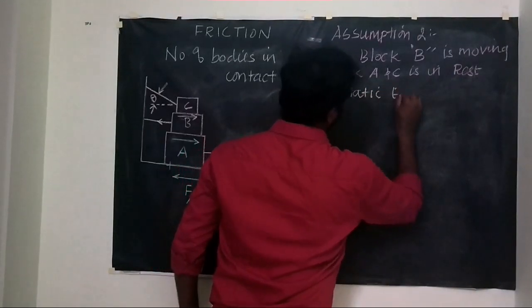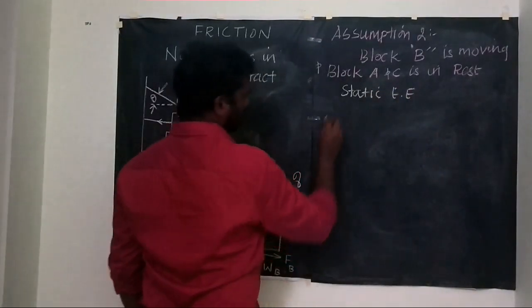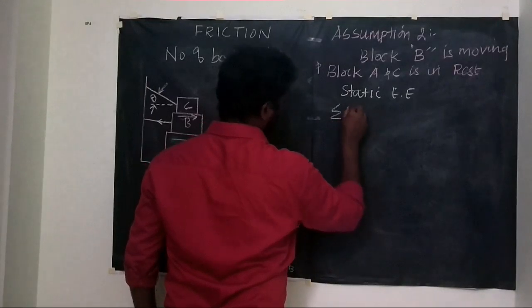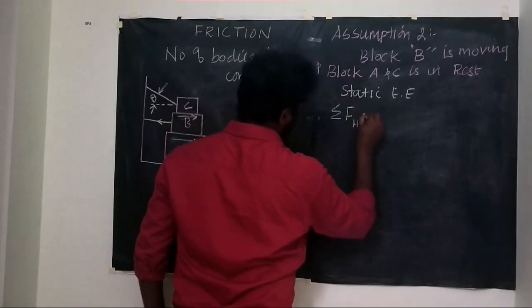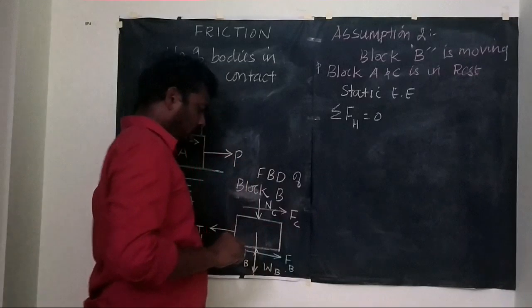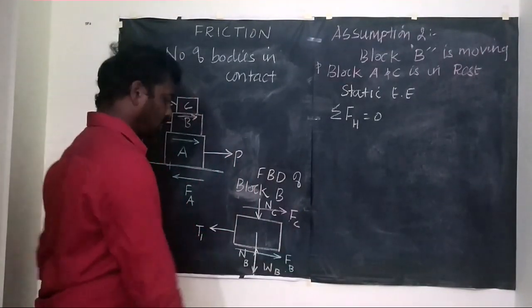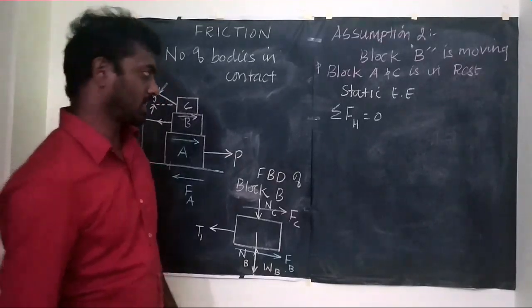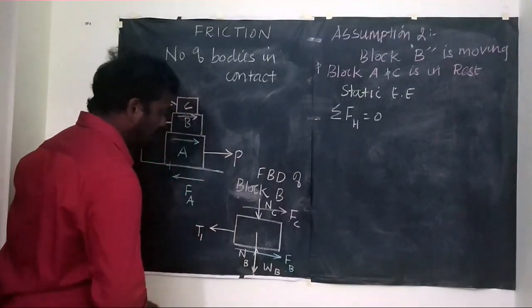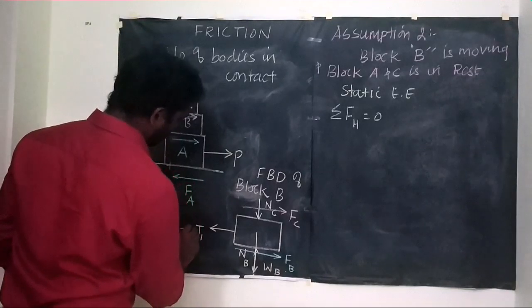The static equilibrium equation is nothing but the sum of horizontal forces acting on the system equal to 0. Listen here, in this system, these two friction forces and the tension act in the horizontal direction. Here T1 is acting towards left, assumed as negative.